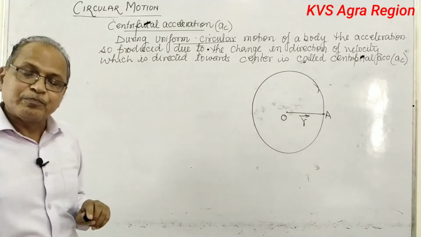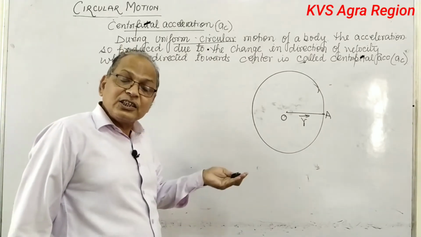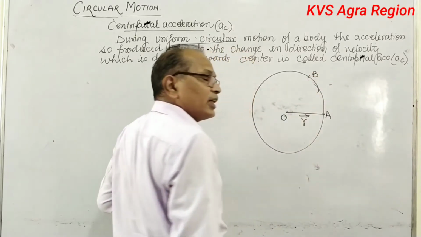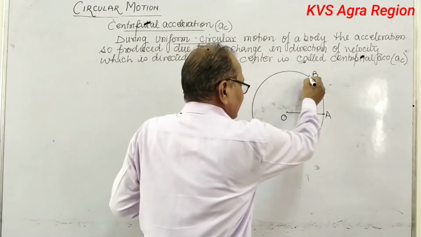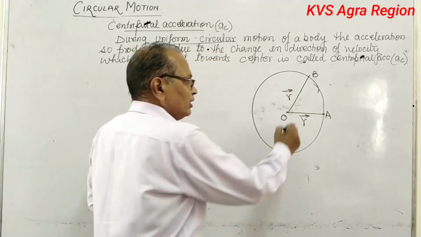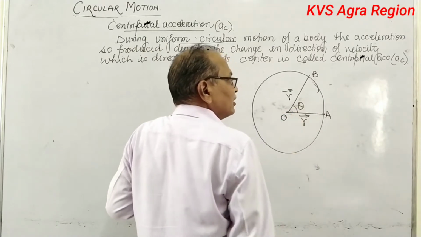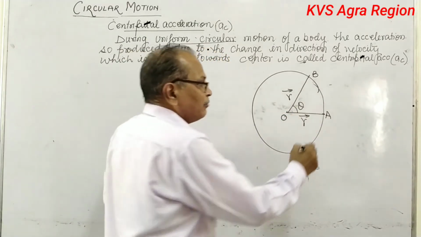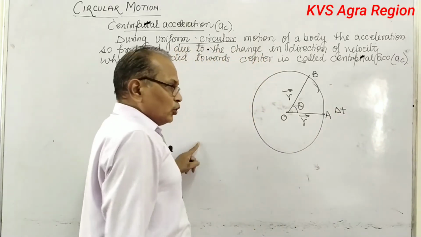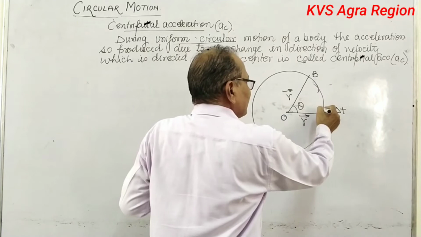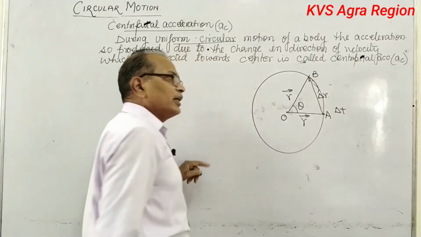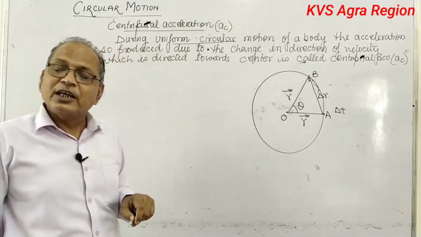Now after dt time, the object reaches point B, and here also there is an r vector. Theta is the angle covered during this, and the time taken is delta t. So this vector will be delta r, the net displacement vector between the points A and B.